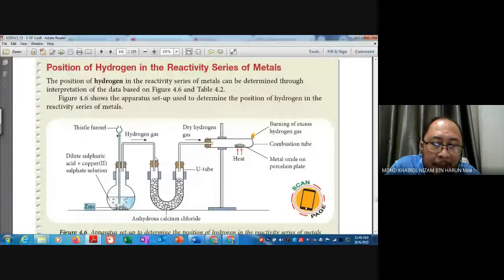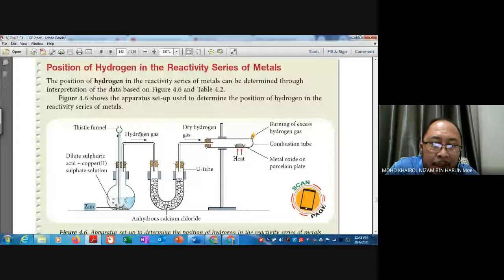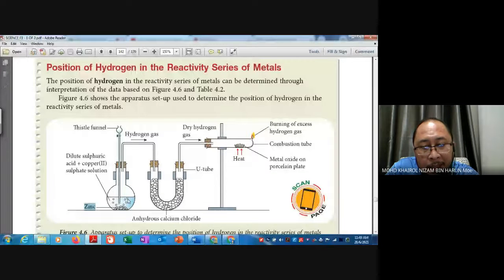The hydrogen gas is wet, meaning it contains water, because another product of the reaction between sulfuric acid and zinc is water, so it brings water along. That is why we have to pass it through anhydrous calcium chloride.